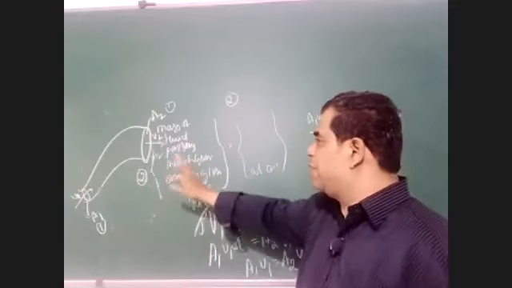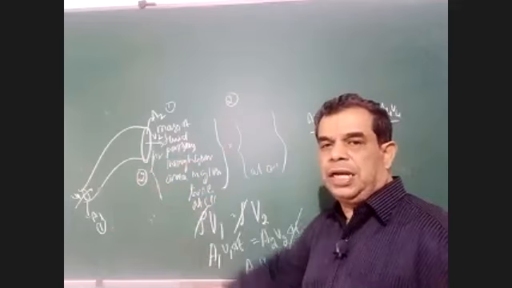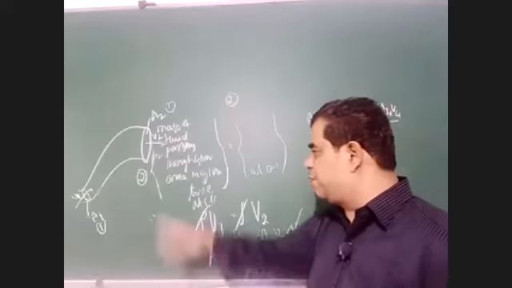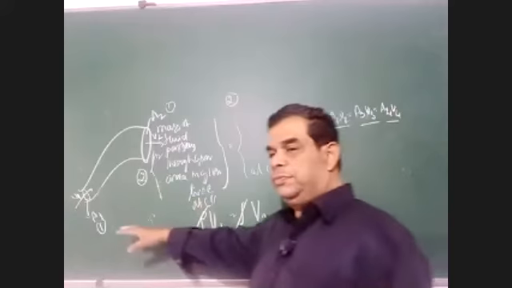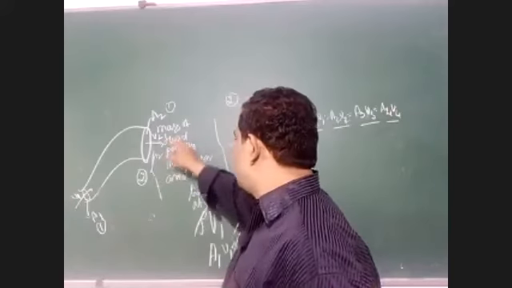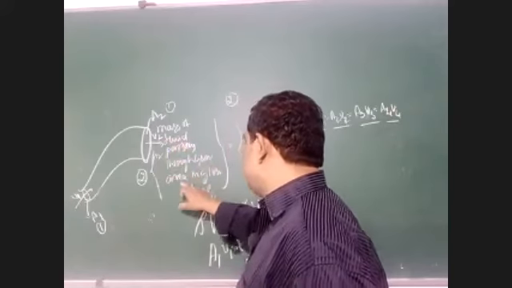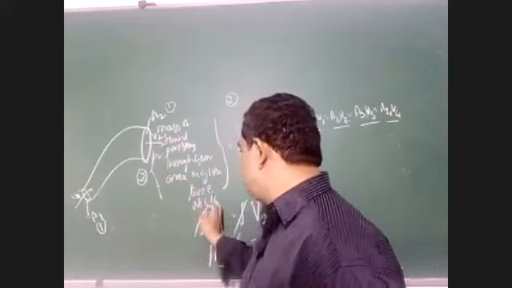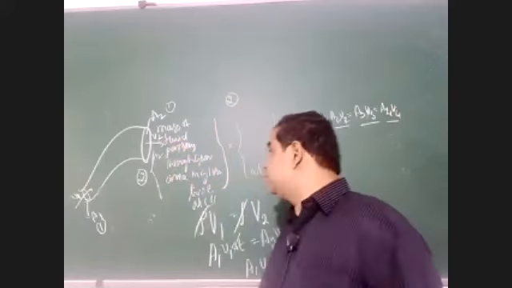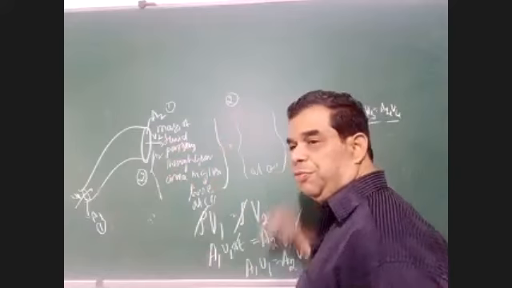V1 and V2 are the velocities of the fluid at 1 and 2. Mass of fluid passing through a given area in given time at 1 is equal to the same thing at 2.